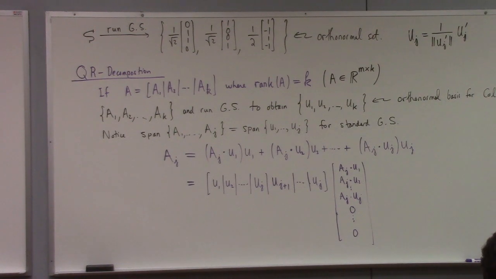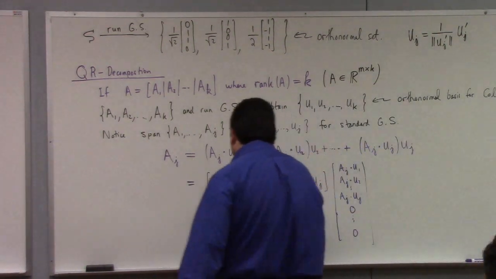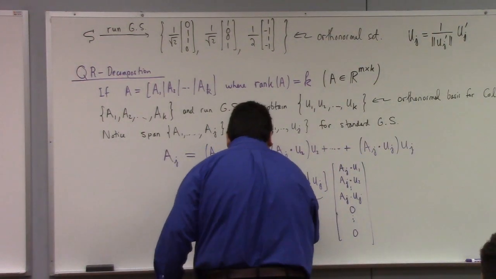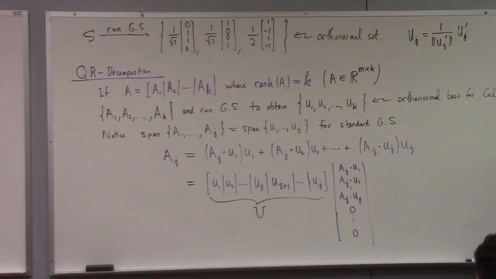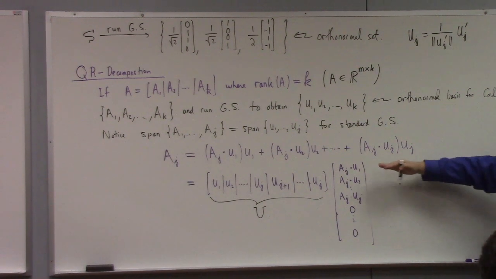Let me write it out. We have A, of course, is A1, A2, dot dot to AK, right? And so to put this more succinctly, we can call this big matrix here U. For the first one, we've got U times, this just stops at 1.